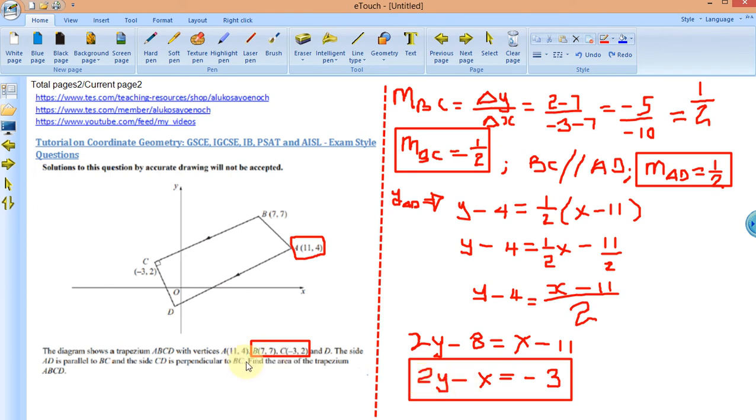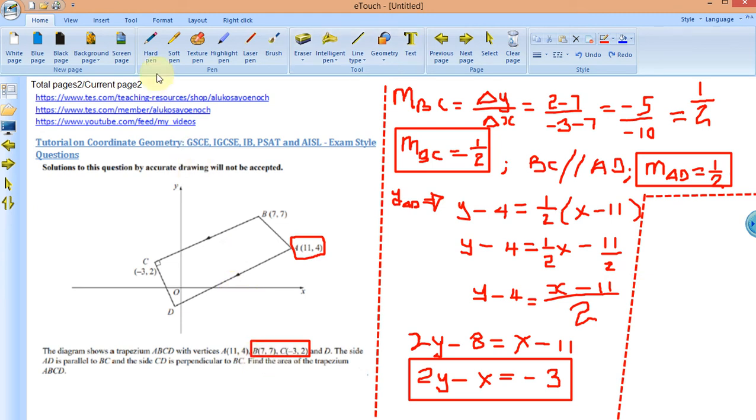Then I will go for the equation of the perpendicular line to BC. Let me get the gradient here. What I want to work with on the next page is to solve the system of equations simultaneously.